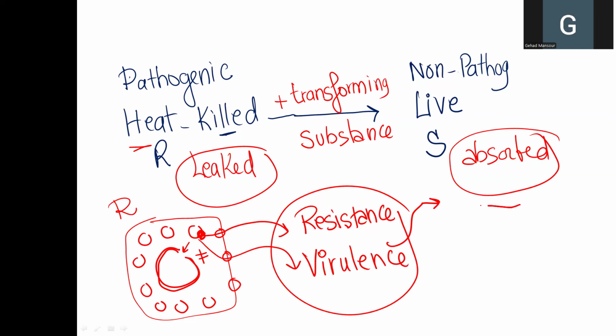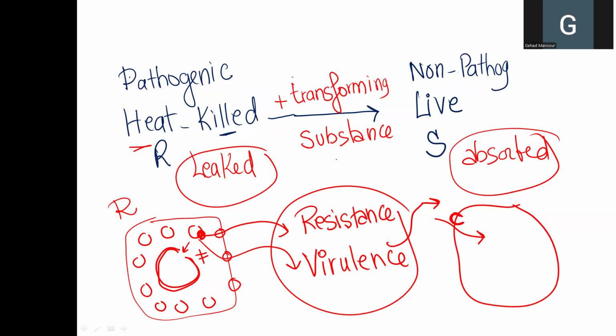And the other bacterium easily absorbed it without being heat treated because plasmids are easily absorbed by bacteria. So there was a transforming substance that was transferred, and this transforming substance was by plasmids that carried specific genes.